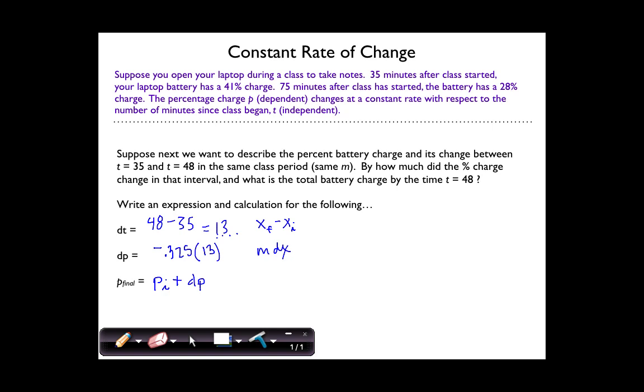So our initial percent charge is based on the initial that we used here. So if this x initial is referring to this time 35, then my percent initial better refer to the percentage at time 35. So that was my 41% charge. So if it helps, draw yourself a picture.